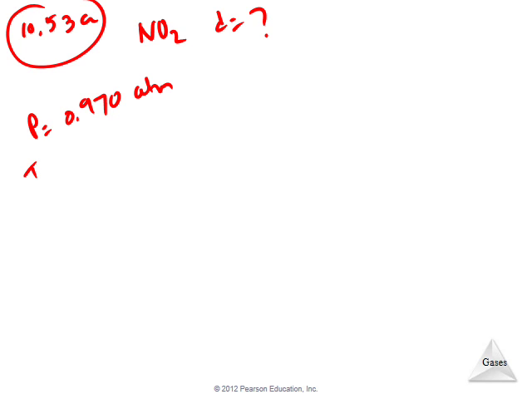Temperature is 35 degrees centigrade, so I need to change it to Kelvin by adding 273. That gives you 308 Kelvin.